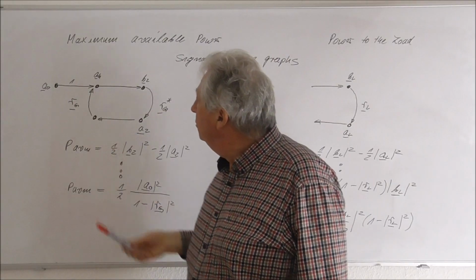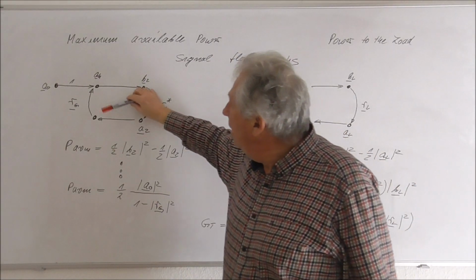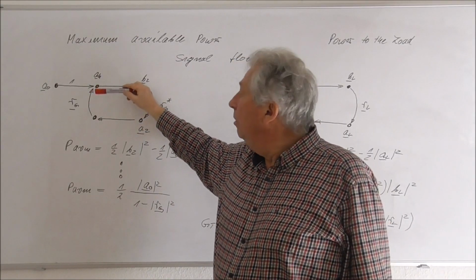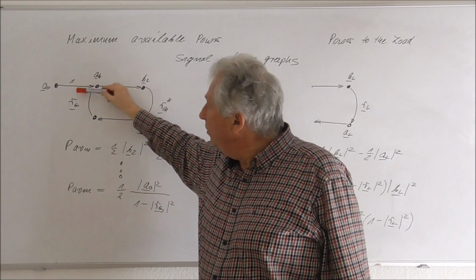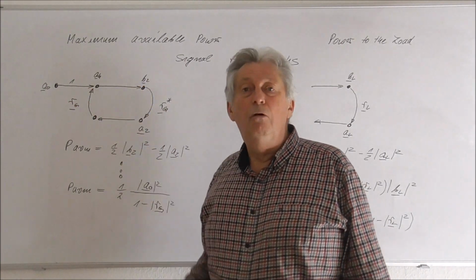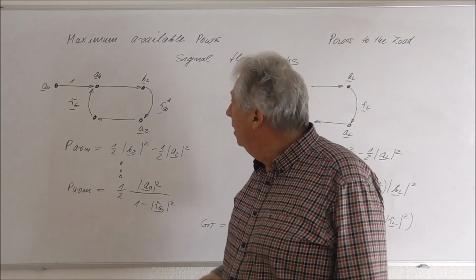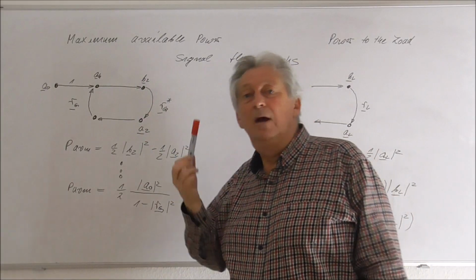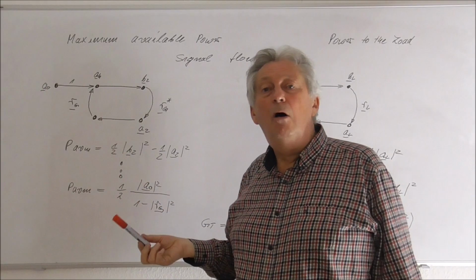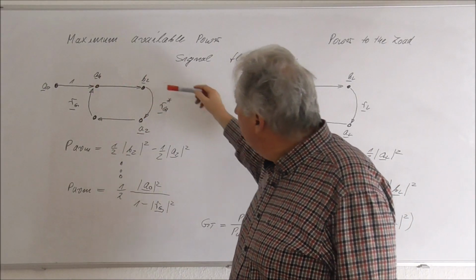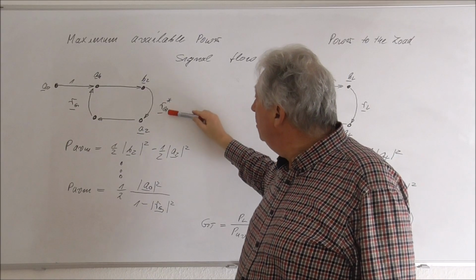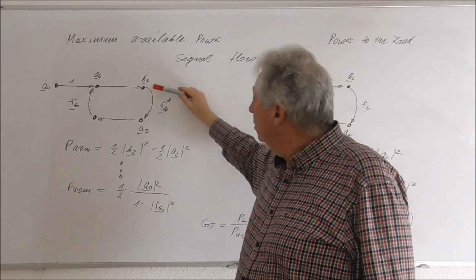But in contrast to the first slide, we now assume that this signal generator has an internal reflection coefficient, Γ_G. To get the maximum available power out of this generator, we must terminate it with the complex conjugate of Γ_G.